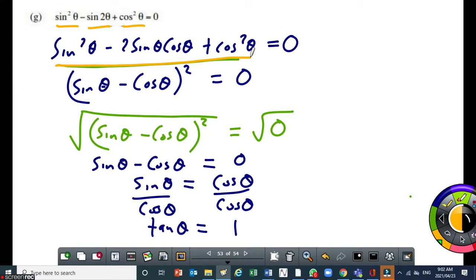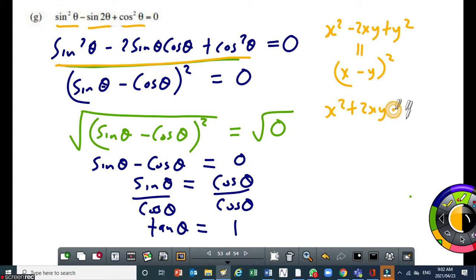X squared minus 2xy plus y squared: if you factorize that, you get x minus y all squared. Also, x squared plus 2xy plus y squared: if you factorize this, you get x plus y all squared. What is the name given to a trinomial that can be factorized to give two identical binomial factors? Perfect square trinomial. Thank you. It's called a perfect square trinomial.